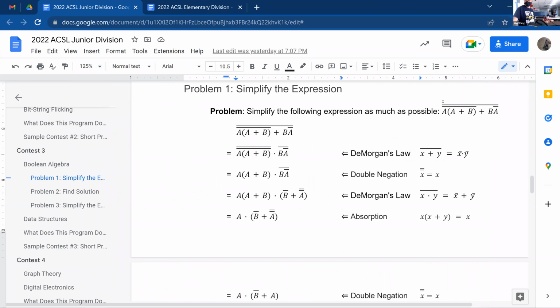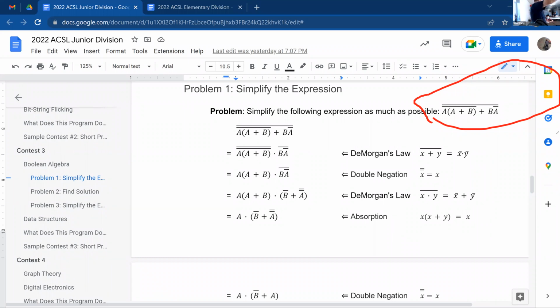Let me use an annotative tool here. Okay, so this is an expression, a Boolean expression. And the problem is asking us to simplify this. And how do we do that?